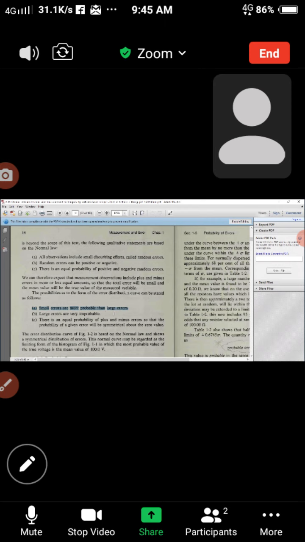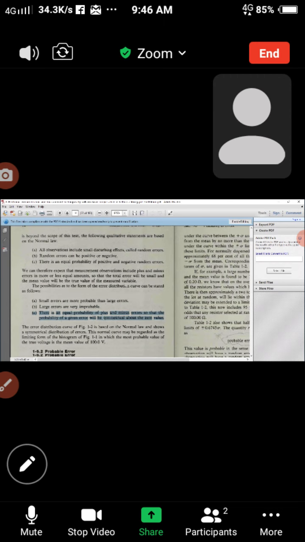Hardly one time has occurred when reading was 99.7 or 100.3. Secondly, large errors are improbable. That means 0.3 volt plus or minus readings are less probable in the figure. There is an equal probability of plus and minus errors, so the probability of given errors will be symmetrical about the zero value.